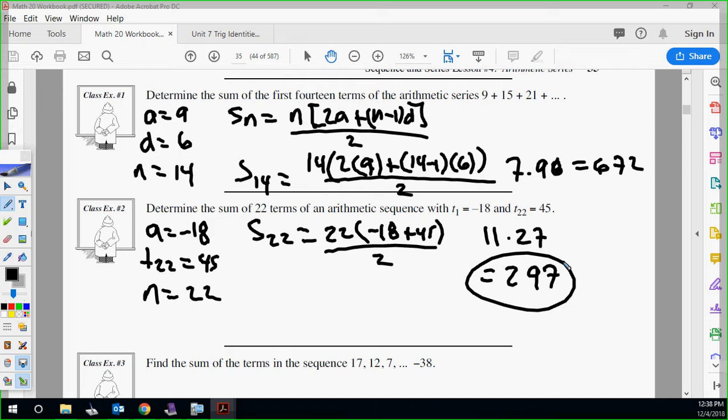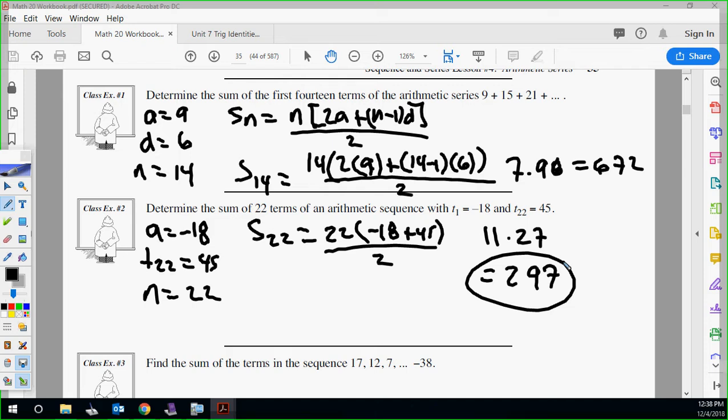If you add all the numbers of that pattern, it's going to be 297. Now notice one thing: you're thinking, wouldn't that be bigger? That's a good guess, but it's not bigger because it starts in the negatives. So you're adding some terms that make the sum smaller, even as the sequence is growing.